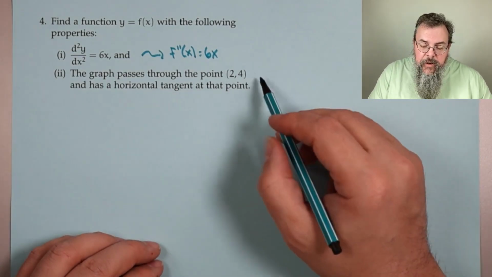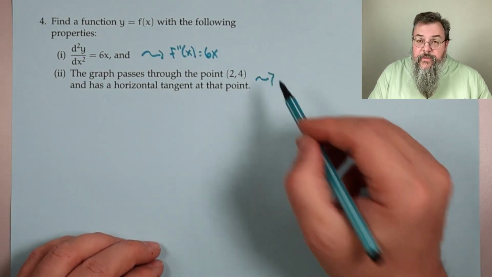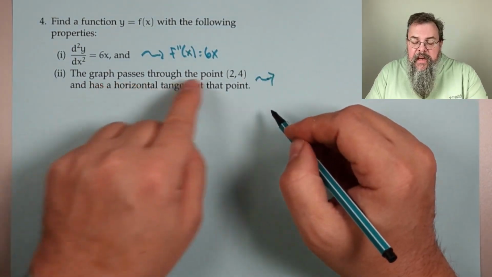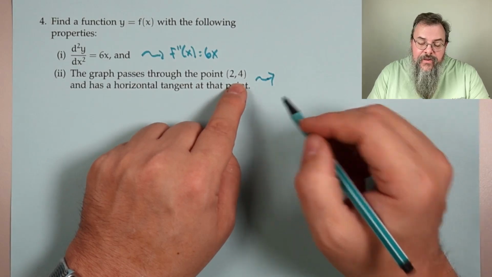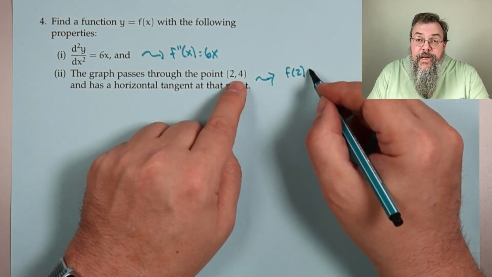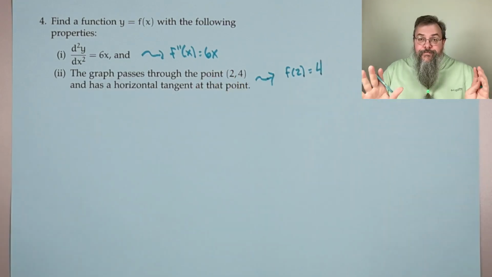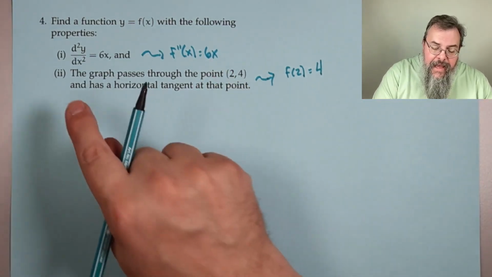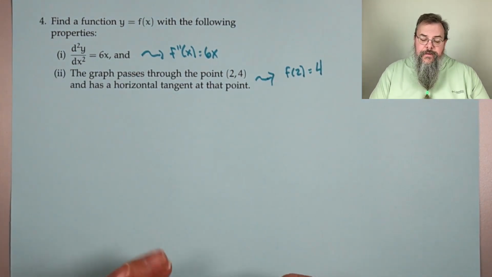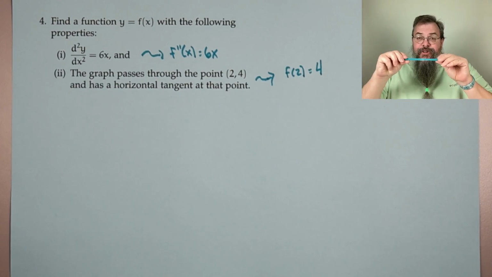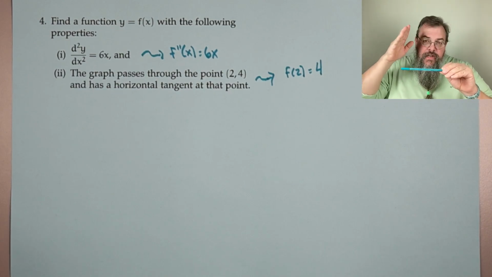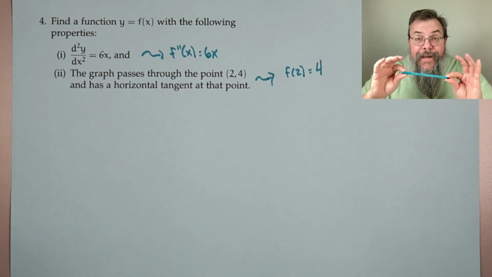Now, this part is giving us information about the function. So, what do we know? Well, we know it passes through the point (2, 4). So, that says if you plug 2 into your function, you're going to get 4 out. Okay, so that's what that means. And has a horizontal tangent line at that point. Now, what does it mean to have a horizontal tangent line? We have a flat tangent line. It's not going up, not going down, it's flat.